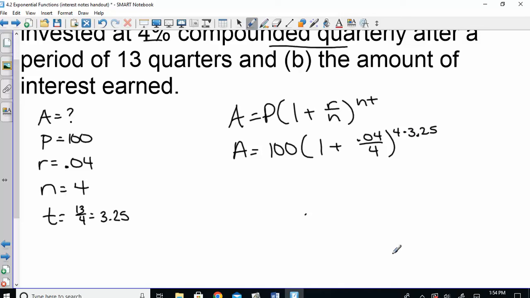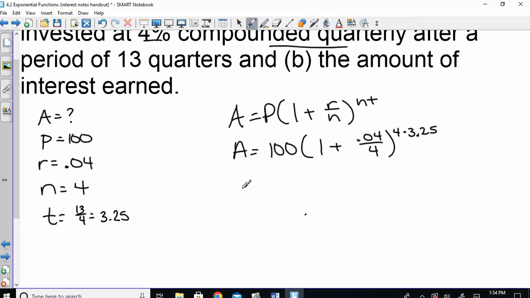That's really all the work you have to show me on these. Please write down what you're plugging into your formula, especially on a test or quiz. That way if you make a mistake, I know where it happened. But then just put all this in your calculator at once. So I'm just going to type everything in at once: 100 parentheses 1 plus 0.04 divided by 4, to the 3 times 3.25 power.